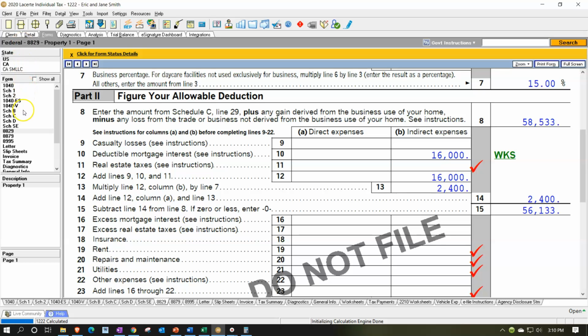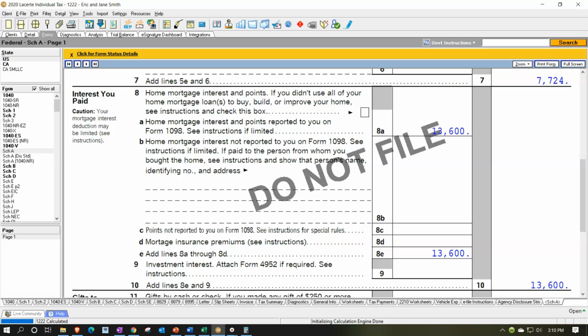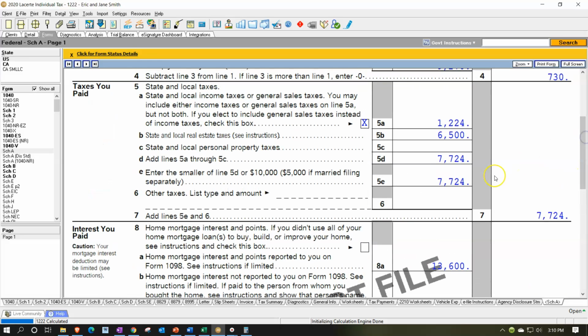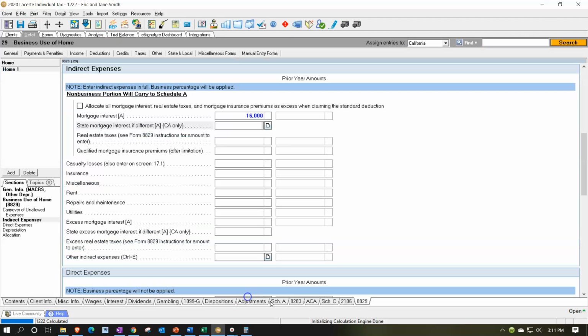I've got to do the same thing for the property taxes. So let's go to the Schedule A for the property taxes. And I'm going to say, all right, that is at the 6,500. And I'm going to do the same kind of breakout. So that's 6,500. I'm going to break out between the two. So that was the property taxes, right? So I'm going to go back on over and do the same thing here.